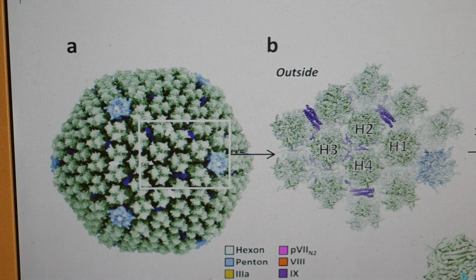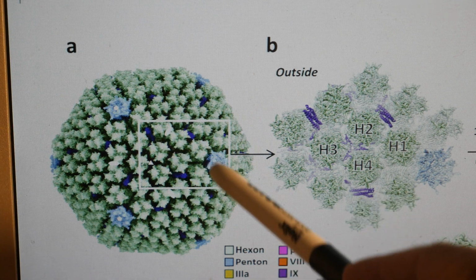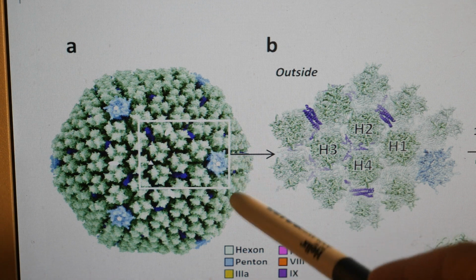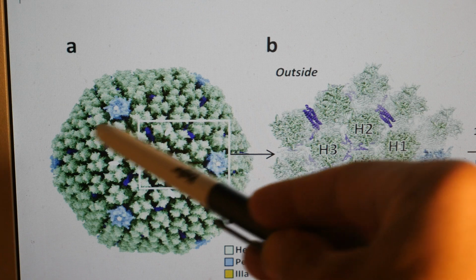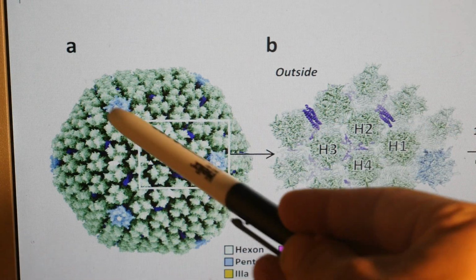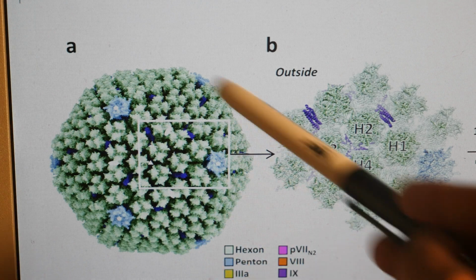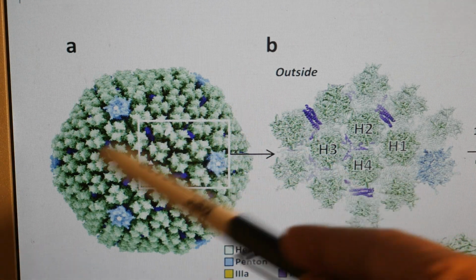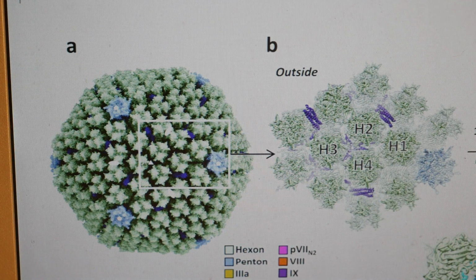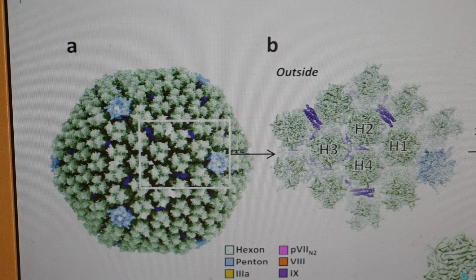And the pentons are little protein clusters which sit on each vertex of the capsid. You see each of the faces here: a triangular face there, there, and there. There's 12 faces, I think. Is that right? 12?